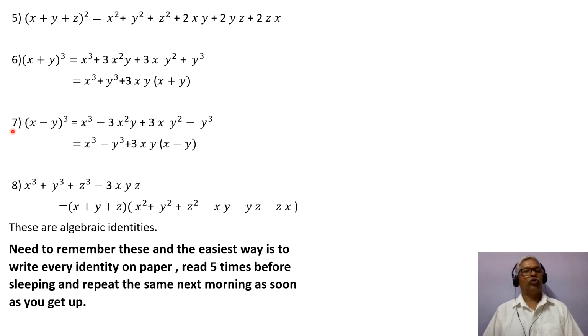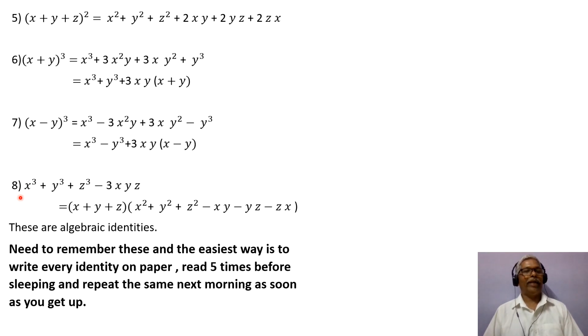Seventh one, (x minus y) the whole cube equals x cube minus 3x square y plus 3xy square minus y cube, or equals x cube minus y cube minus 3xy into (x minus y).